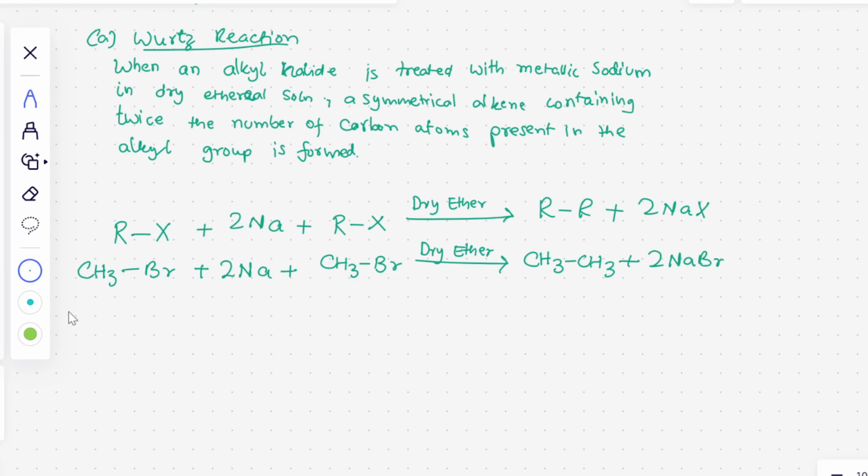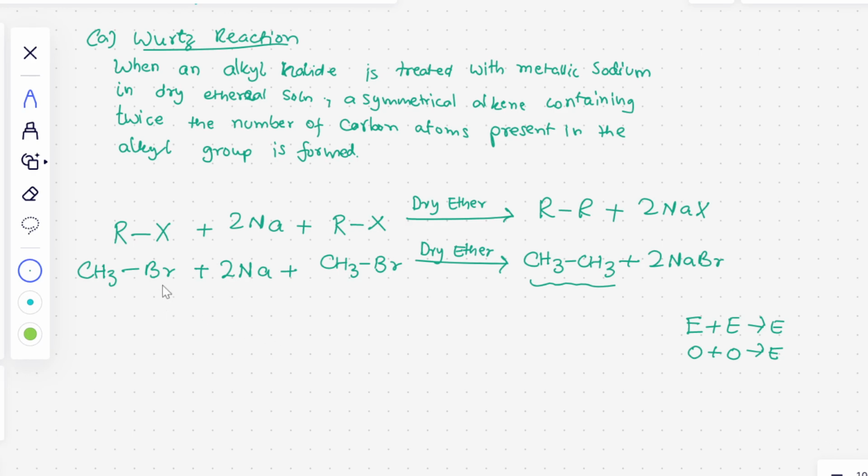Now it is very crucial to note what we mean by a symmetrical alkane. When you add any two same numbers, whether it be even plus even or odd plus odd, it will always give you an even number.